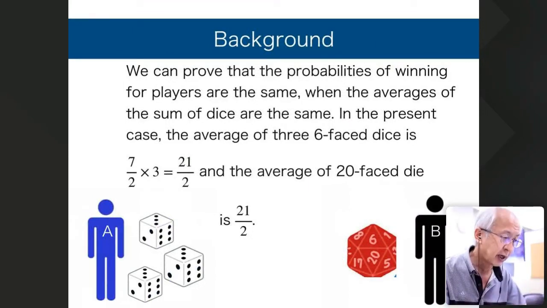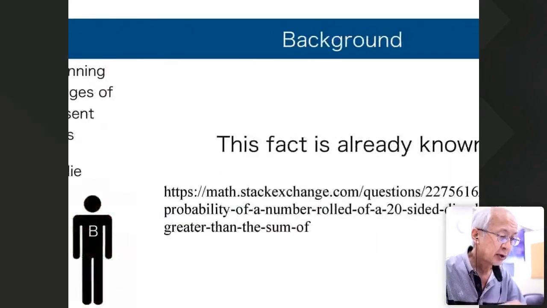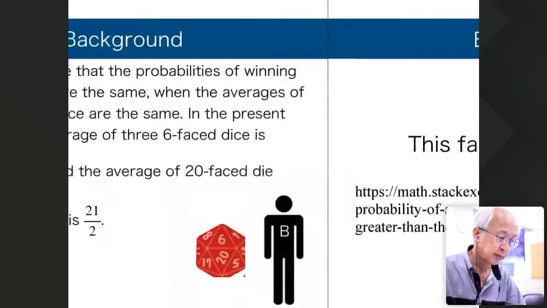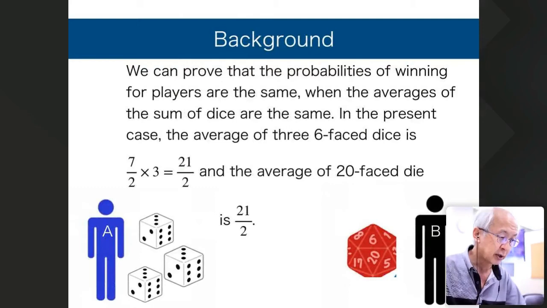The calculation is not difficult, but a very important point is that the average of 3 six-face dice is the same as the average of the 20-face die. And the average is this one.